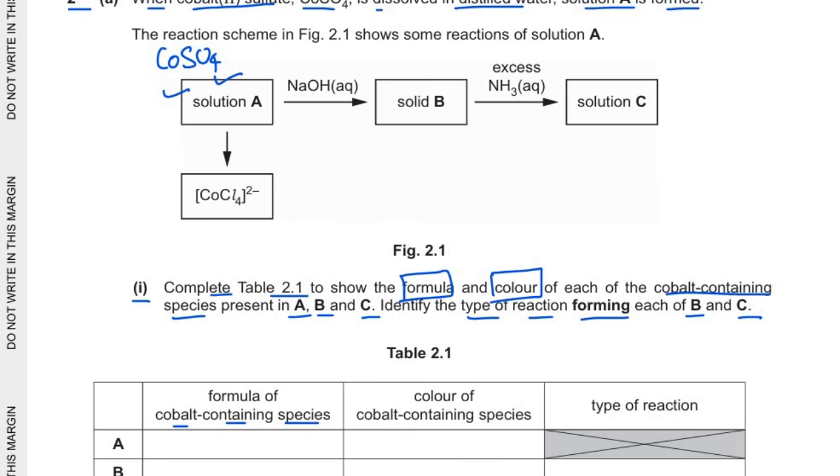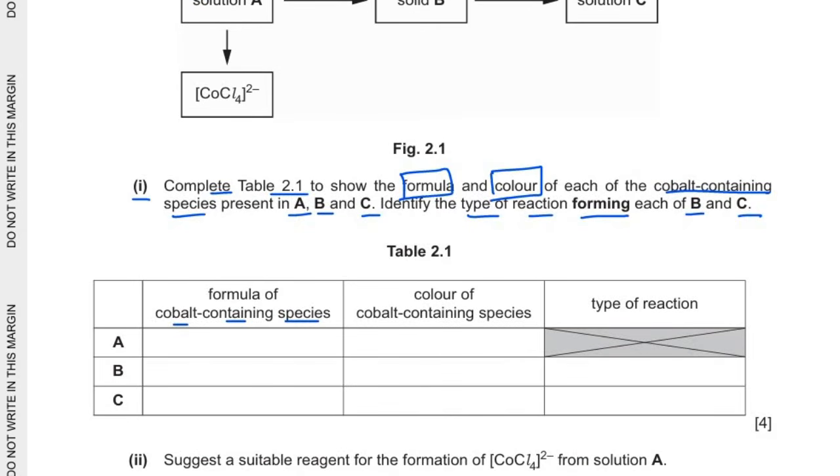Now what is the formula of the hydrated form? We only have to write the cobalt containing species, and it is just like copper. It forms Co(H2O)6, and the overall charge of this complex will be 2+, because the ligand, H2O, is a neutral ligand with no charge. So the charge of the complex is equal to the charge of cobalt, which is 2+ here. So this is the formula of the cobalt containing species.